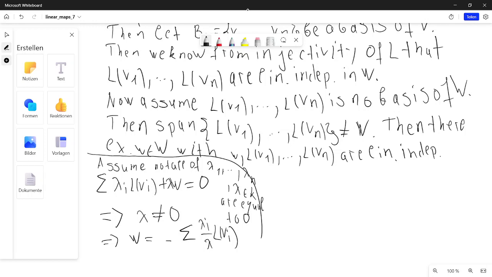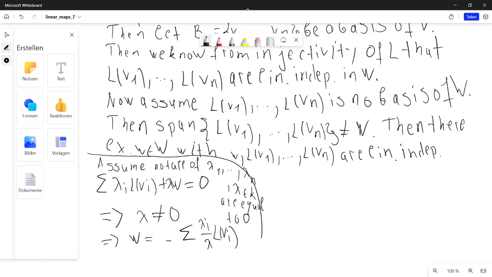We have assumed that the vectors Vi and W taken all together are linearly dependent, right? And from that, we have concluded that W would be already in this span.